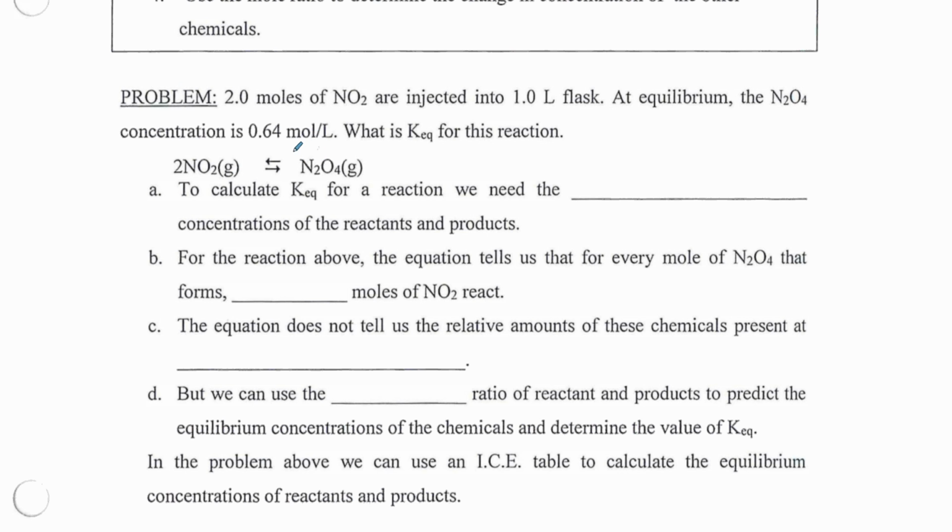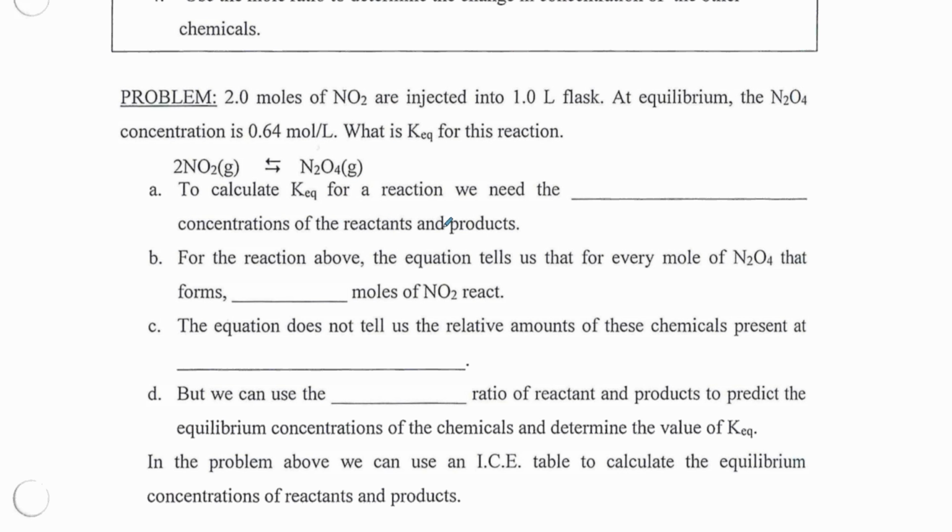But right now, we don't know that. All we know is the equilibrium concentration of the N2O4, and then we know the starting amount in moles and volume in liters of the NO2. Okay, so we've been provided with some different information.